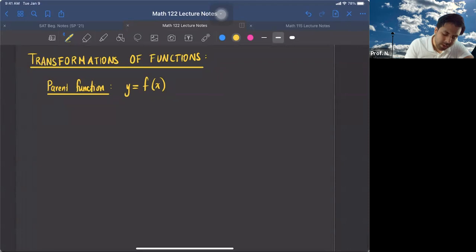We can say, let's create a new function, y equals f of x plus k. And what kind of effect is this? What's the graphical effect?